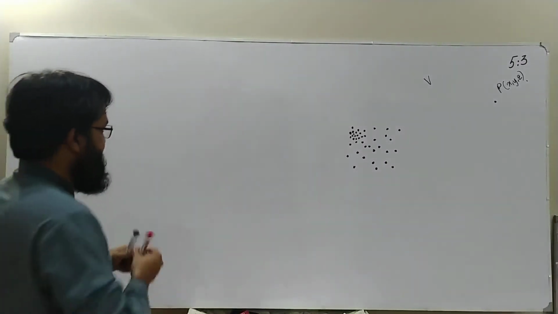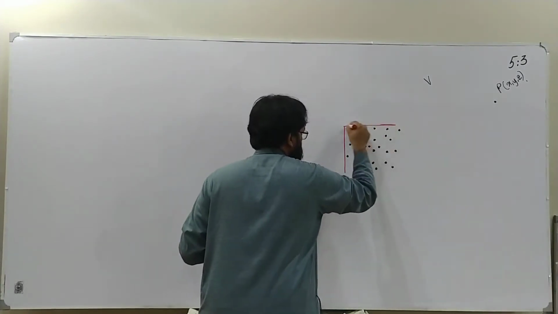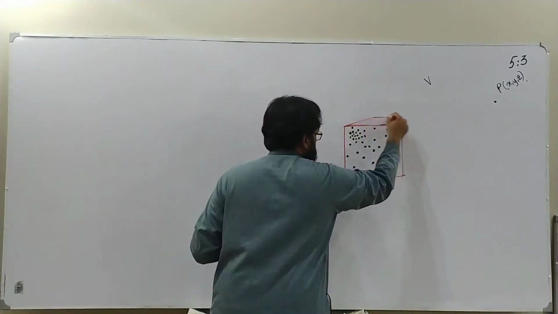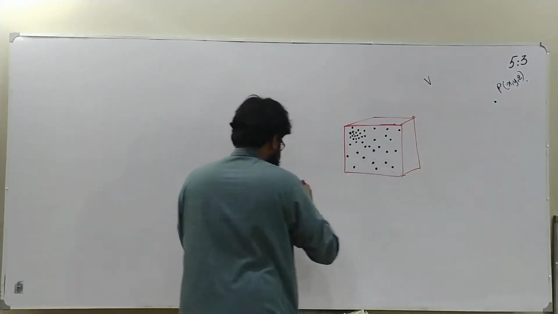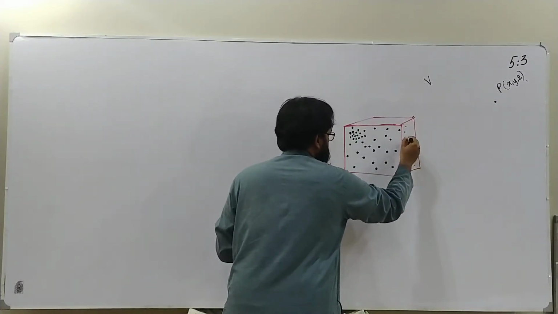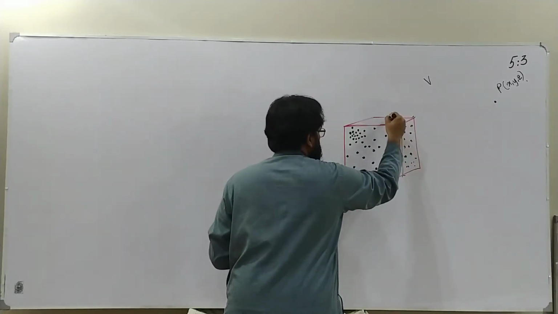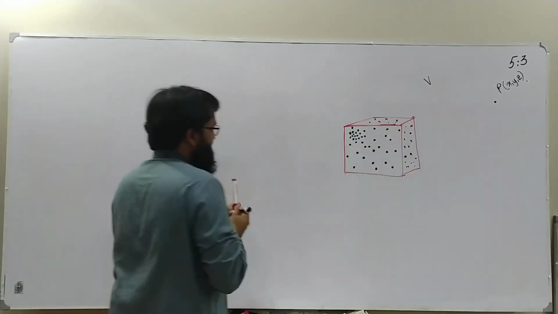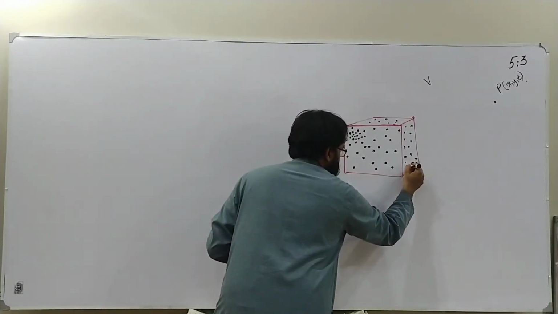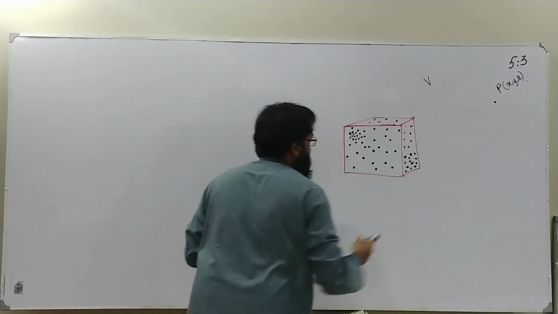let's say this red zone as the volume in which the charges are closely packed together, and let's say these points are again charges. Somewhere they are densely populated, and at some places they are loosely or sparsely populated.